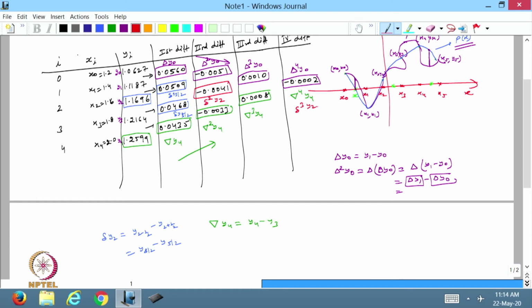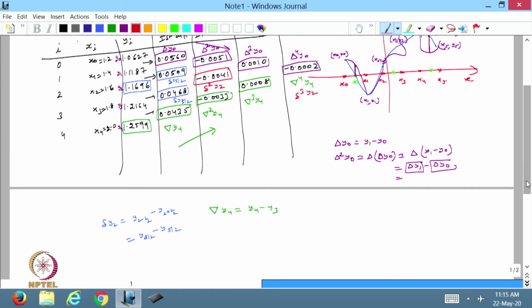Now the same value is either represented by the forward fourth order difference, backward fourth order difference, or the central third order difference. So, from here you can see this will be fourth order. So, from here I can write this is delta 4 y2.